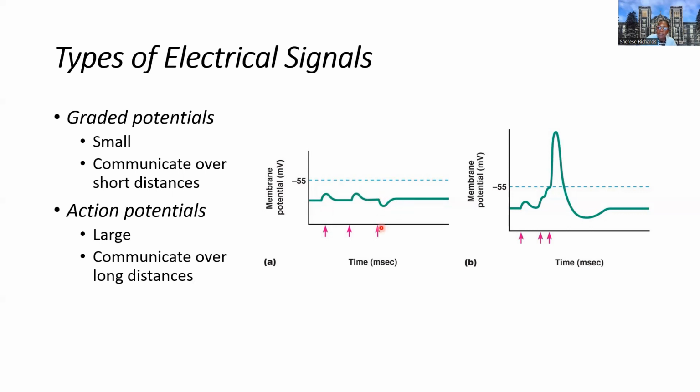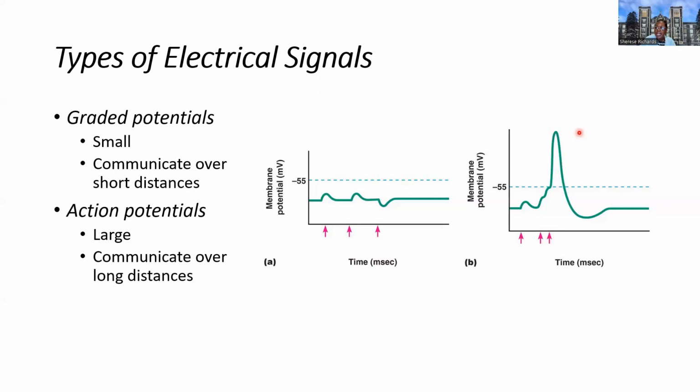Regardless, those can be added. We're going to talk about summation. And if they're strong enough or they occur close enough in time and they get us to negative 55 millivolts, right? They're enough of a change to go from negative 70 to negative 55. From there, we're going to trigger a full action potential, and that must be completed before the membrane gets back to rest at negative 70.